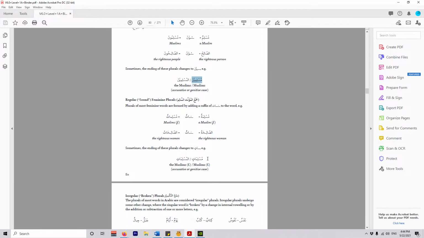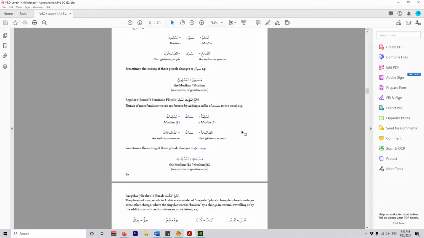So in this case, when we want to make it accusative or genitive, majroor, maftuh, it's always going to end as if it's majroor, okay? As if you have the two lines underneath or the one line there, which makes it muslimatin or al-muslimatin, or excuse me, al-muslimati.